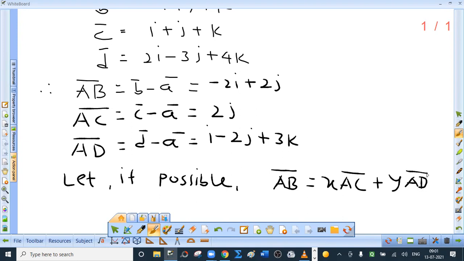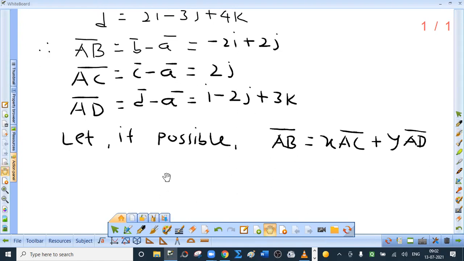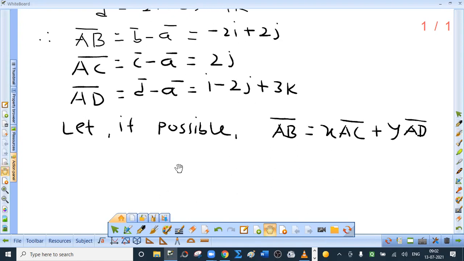There should be scalars x and y such that AB bar is x AC bar plus y AD bar. That is, we should be able to express one as a linear combination of the other two, right? But we are not sure. That is why we are saying let, if possible.